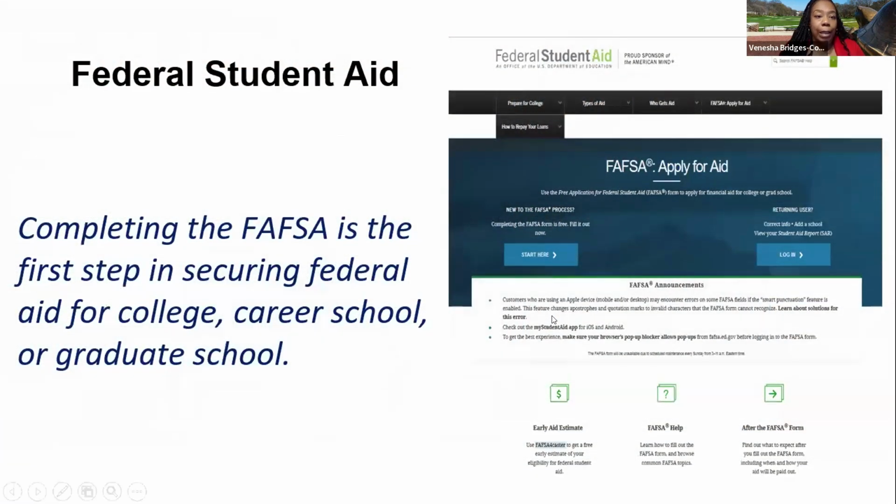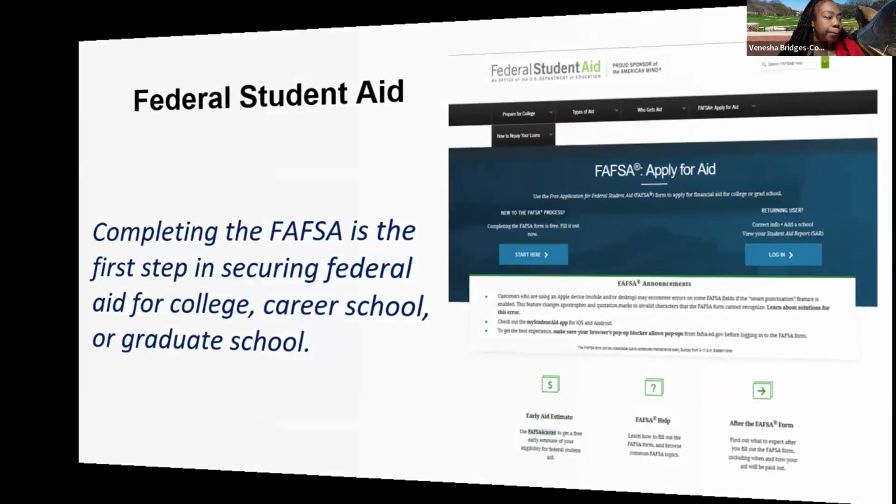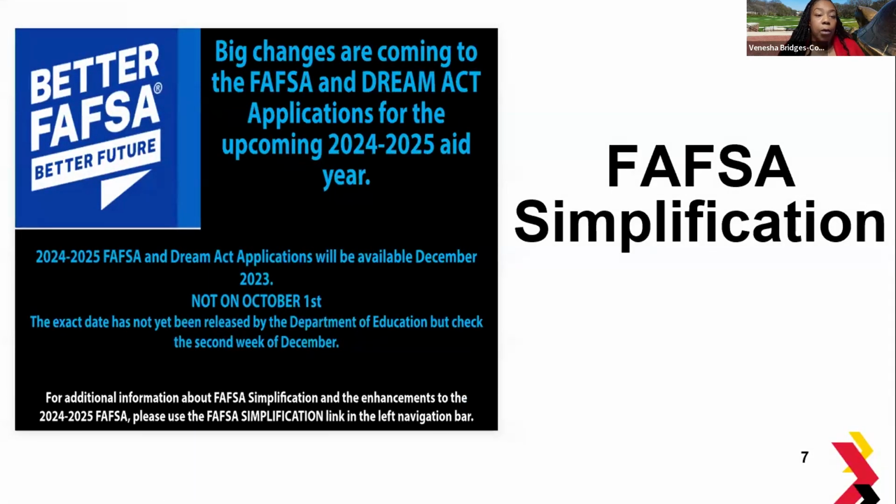So what is the process? First step, every family must complete a free application for federal student aid, and this is a snapshot of the website. You can indicate on that FAFSA up to 20 schools that you would like to send your application to. Once the application is sent to the schools, then it pretty much generates the financial aid offer that you may be eligible for.